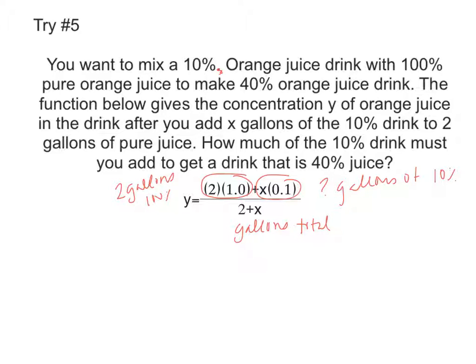All right. So we want to know how much of the 10% do we need to add so that the combined percentage is 40%. So just like the last problem, that 40% we need to change to a decimal, which is really 0.4, right? So we're going to set this equal to 0.4, which means really we're going to subtract 0.4 on both sides.